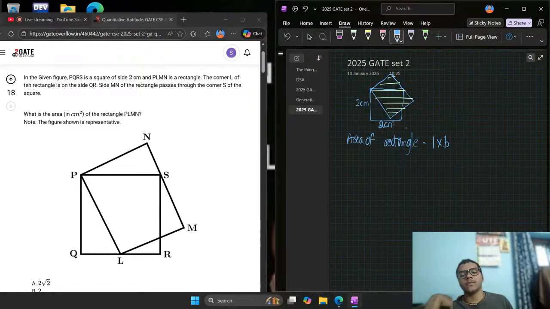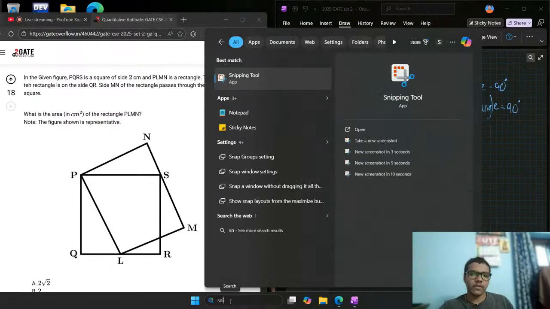So you are supposed to know the length of this one and the length of this one as well. How are you going to know that? Well, you can see some triangles forming here, and you know some properties about squares. Square, 90 degrees each angle. Rectangle is 90 degrees each angle. So if you take this one, let me just take a screenshot of this.